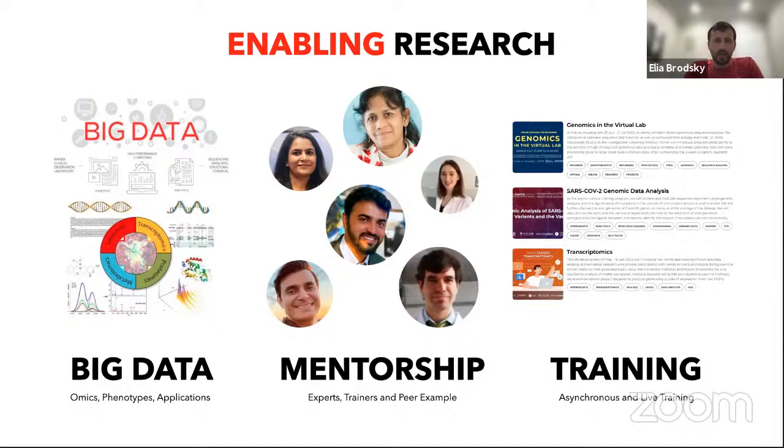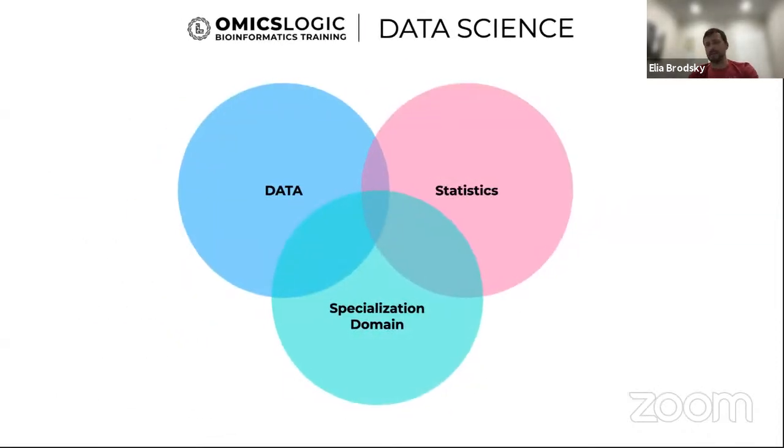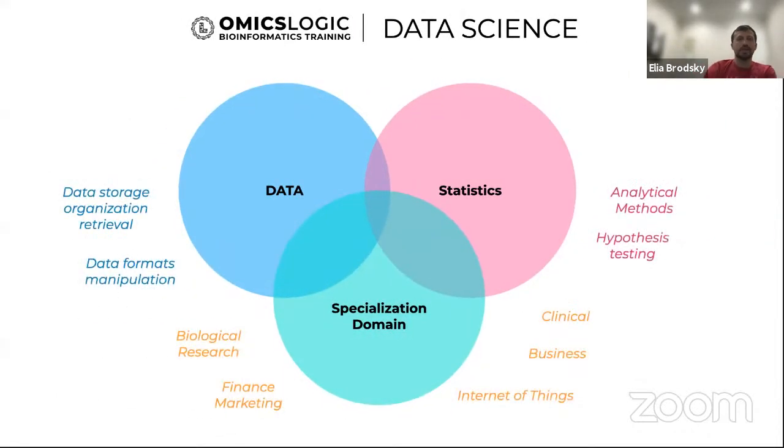So let me go on and briefly introduce this topic of data science. So what exactly is data science? Data science is the ability to work with data, so manipulate data, organize data, and that is informatics. And then to apply meaningful statistical analysis techniques to this data, which include different types of machine learning and statistical analysis and even visualization.